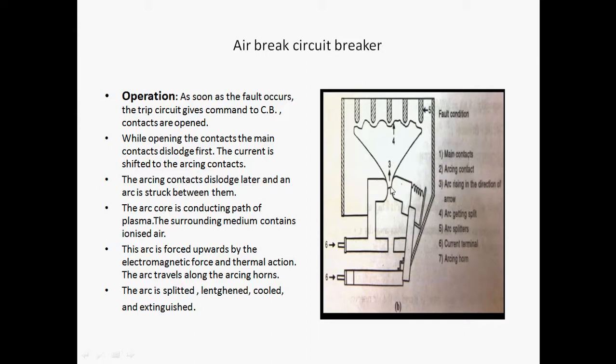The arc travels along the arcing horns, meaning this path gets elongated, and the arc is split in these arc splitters, and thus finally the arc is split, lengthened, cooled and extinguished.